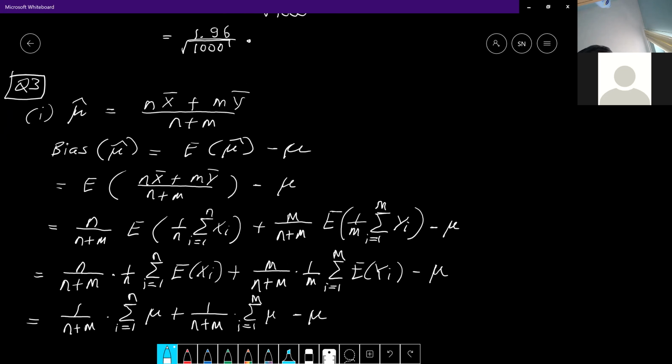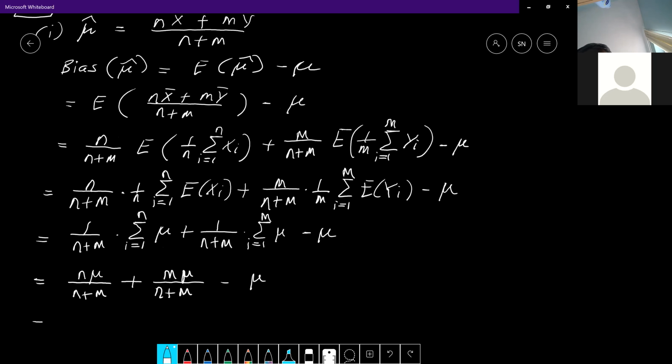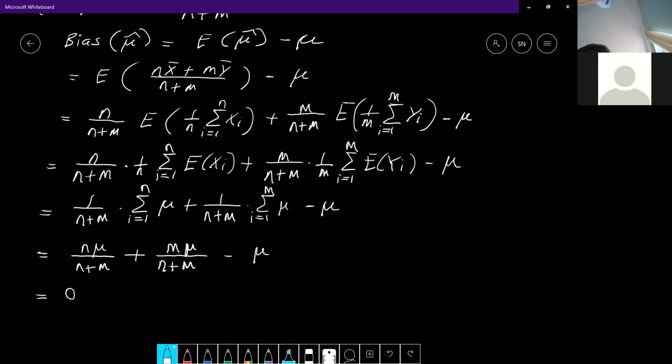And this is going to be n mu divided by n plus m, right? And this is clearly equal to 0. So what we have shown is that mu hat is unbiased for mu.